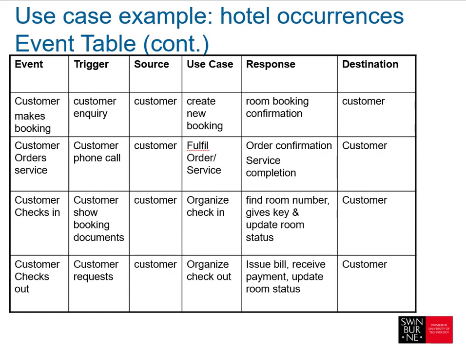So we have events for these 5 use cases, then we have triggers, what triggers each event, then we have identified the external agent, so the customer, and then the use cases as we just identified, and then the response from the system, right? So that goes to the customer. So this is what we have done in week 4.